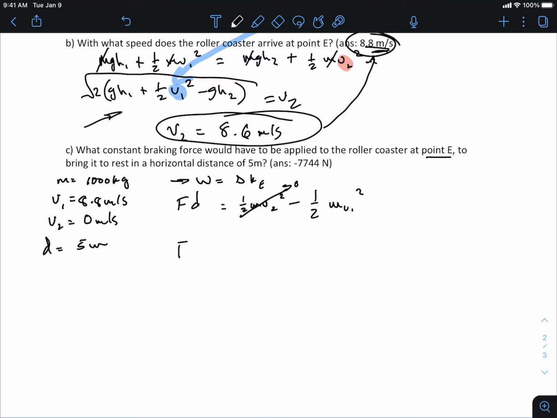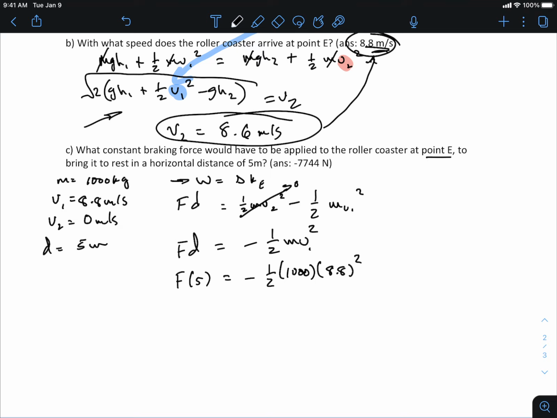So here's what we've got: the force times the distance has to equal negative 1/2 mv1 squared. Why don't we just plug in some numbers and see what happens. The force times 5, for the 5 meters, has to equal negative 1/2 times the 1,000 times the 8.8 squared.